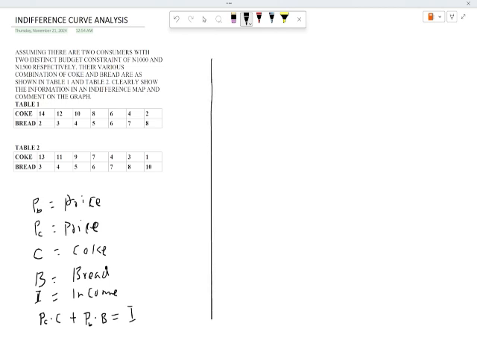Draw a straight line for the graph. That's the y-axis, the vertical axis. Then we draw the other line here, the horizontal axis.